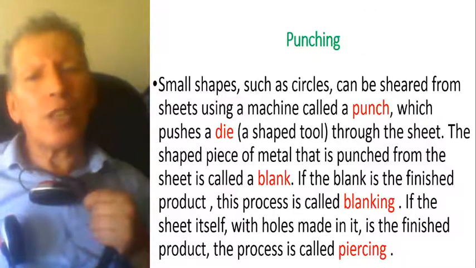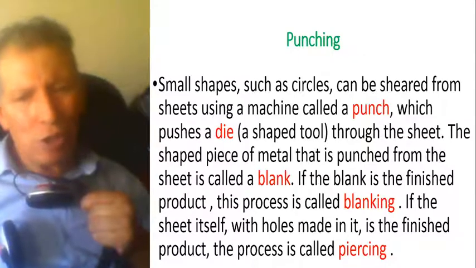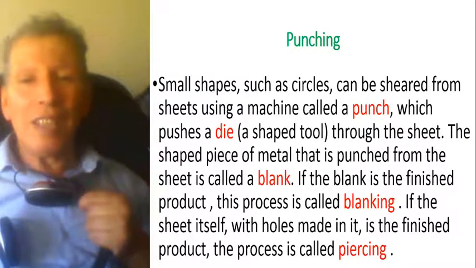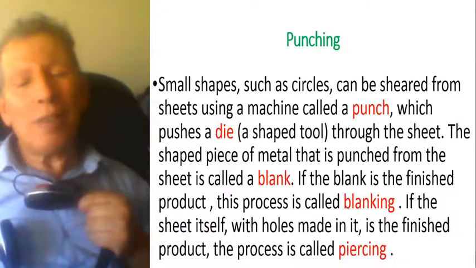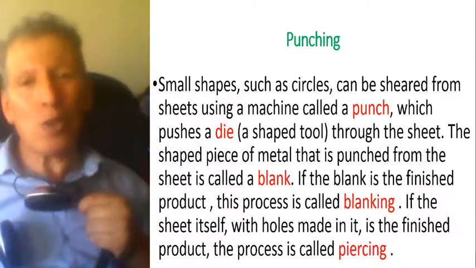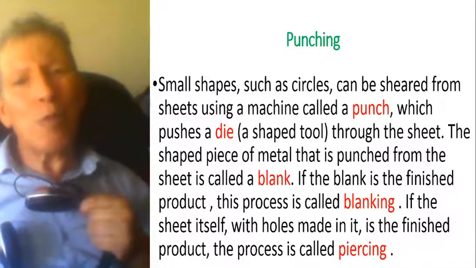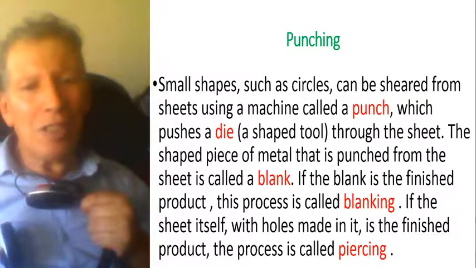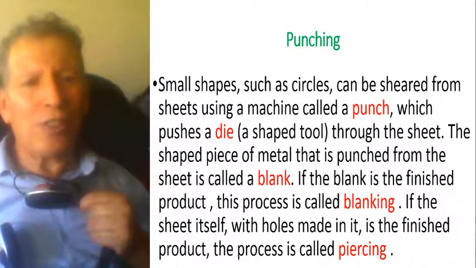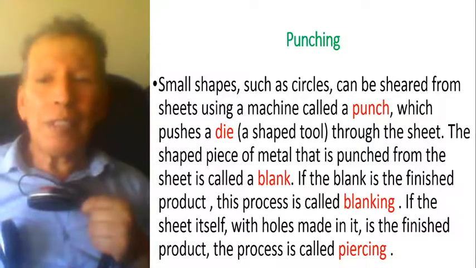Small shapes such as circles can be sheared from sheets using a machine called a punch. Punch, c'est un coup de poing, généralement. But in this case, punching means to cut a small shape from a sheet of metal using a machine which pushes a die, a tool of a specific shape.